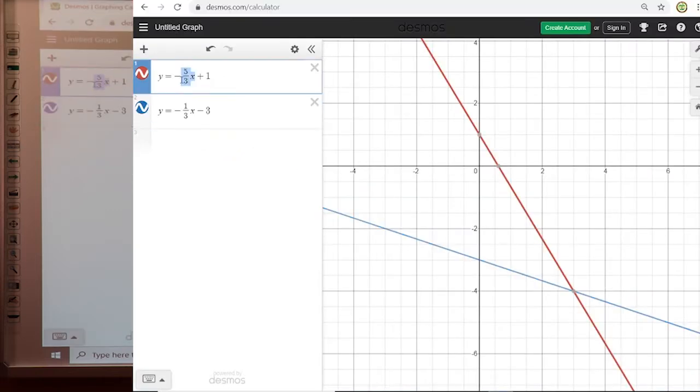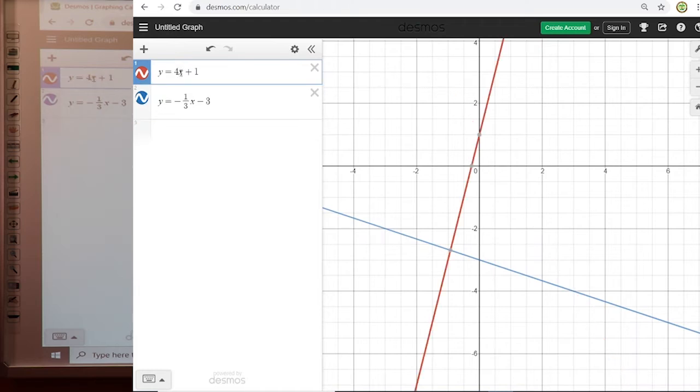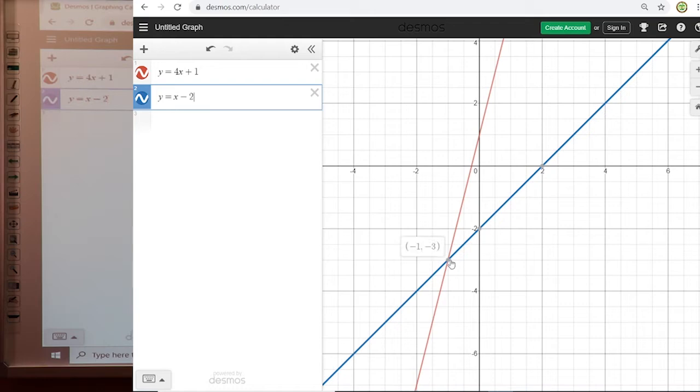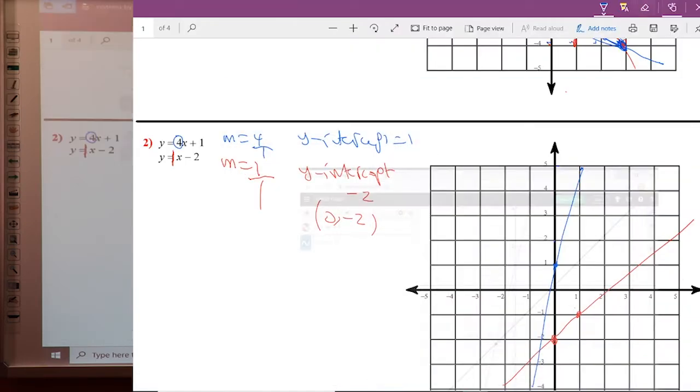4x plus 1, and x minus 2. My answer will be what? Negative 1 and negative 3.